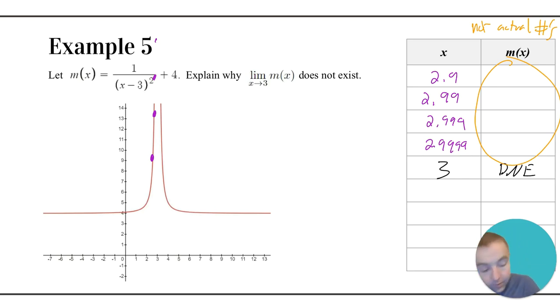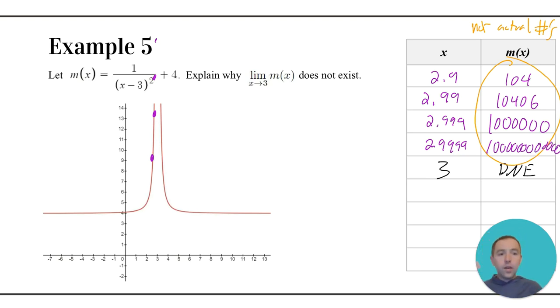But let's just pretend it's at 104 right there, and then maybe this is like 10,406, and then this is like a million, and then however many more zeros, right? Ultimately, it keeps getting higher and higher, and so it doesn't converge towards any particular one number. It just keeps growing without bound. It's headed towards infinity.